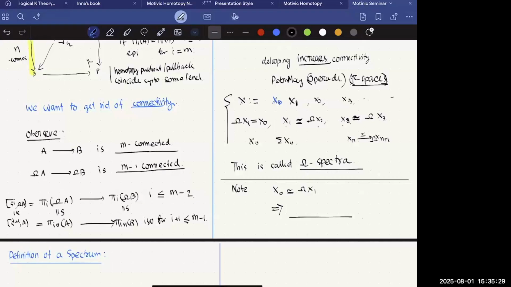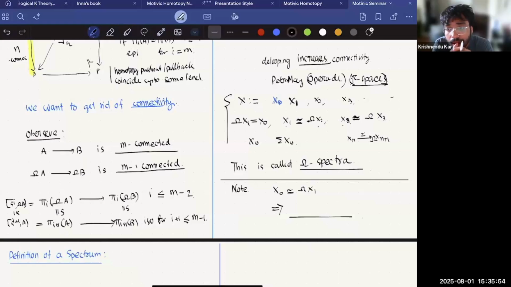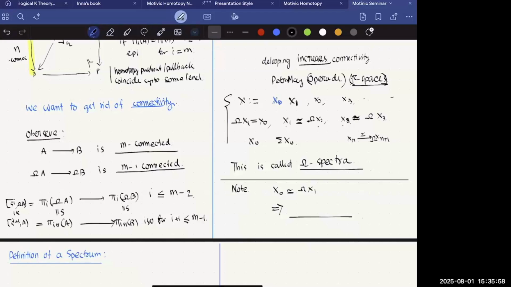By looping it, maybe that's an option in some category, but it might not be true in general. If this is a simply connected space and we are in the rational category, then it's true. At least we know this.